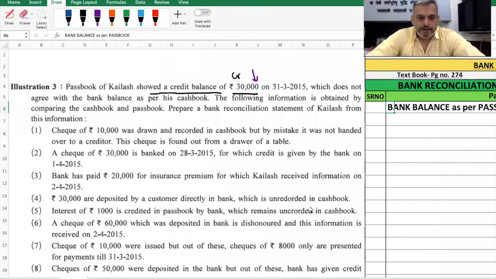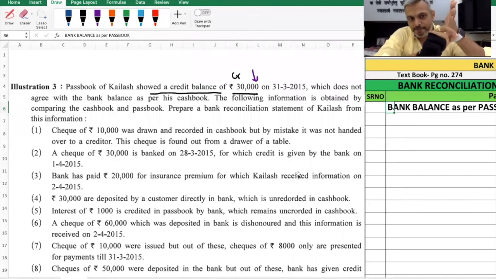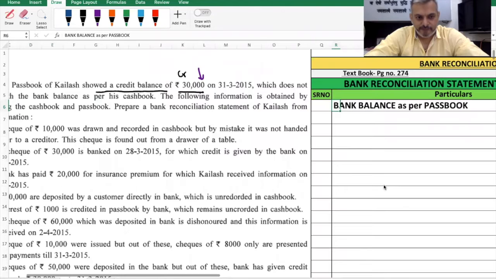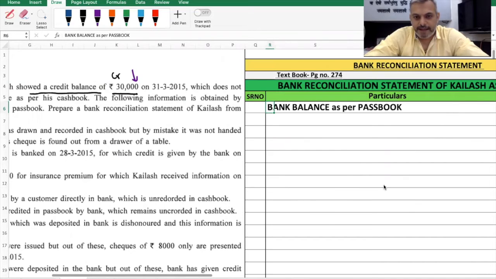The first one: a check of 10,000 was drawn and recorded in the cash book, but by mistake it was not handed over to the creditor. This check is found in the drawer of the table. That is, I drew a check, I have written a check in the name of a creditor, and I have recorded it in my cash book.